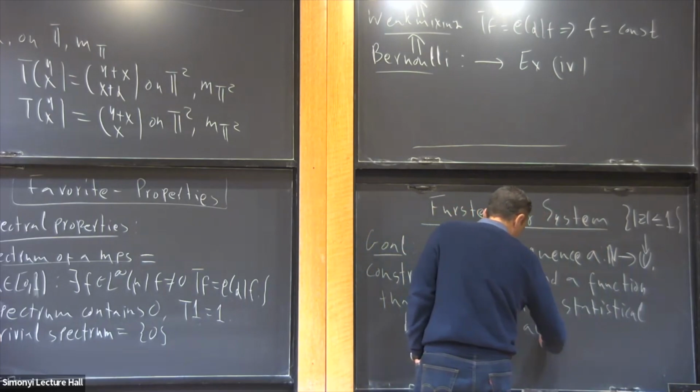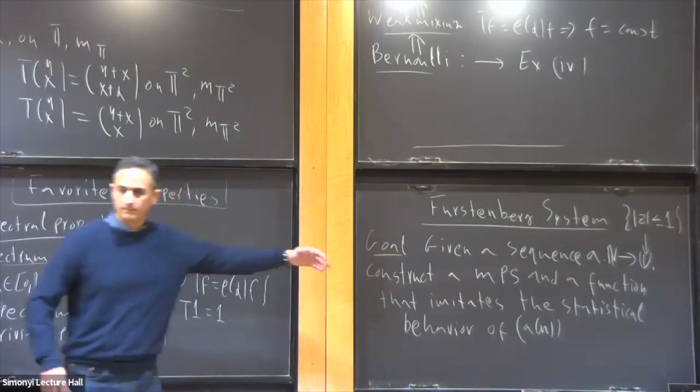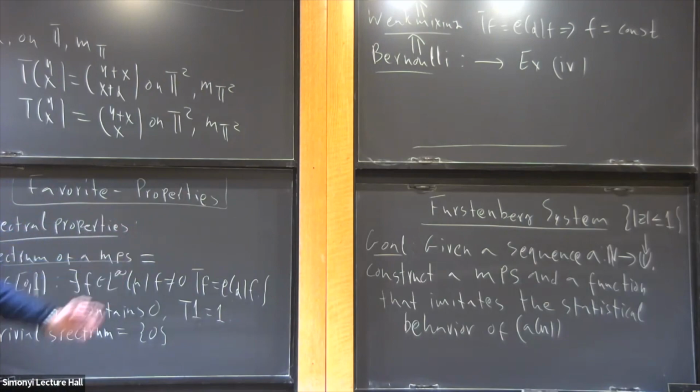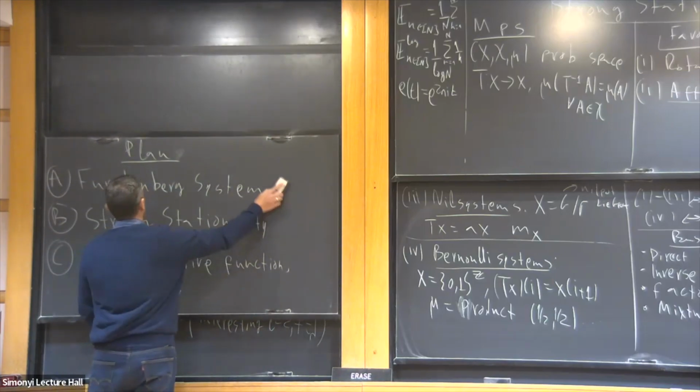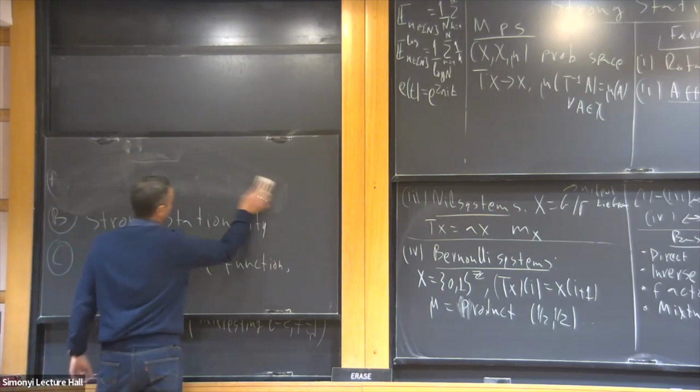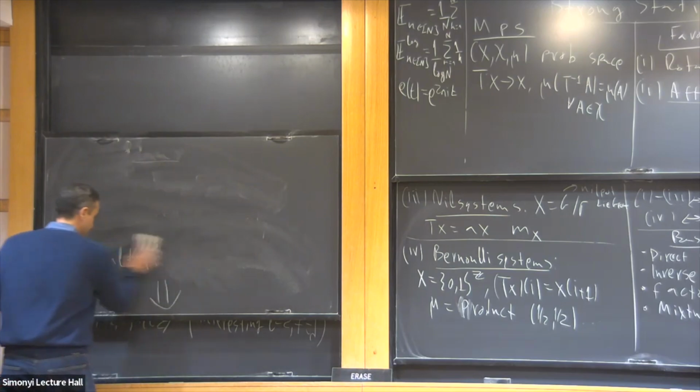Okay. By this I mean that the two things have the same correlations, whatever this means, I will tell you now. This way, when I have a question about the sequence, I could ask an equivalent question about the system, hopefully get some information about the system, and then pass it back to the sequence.